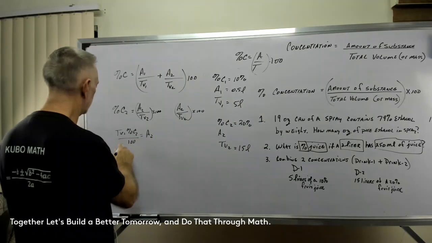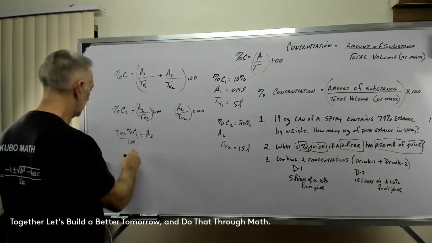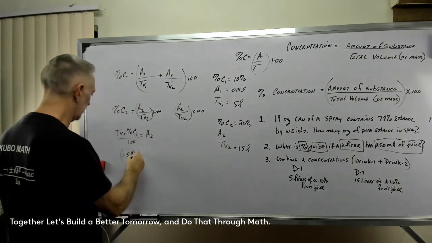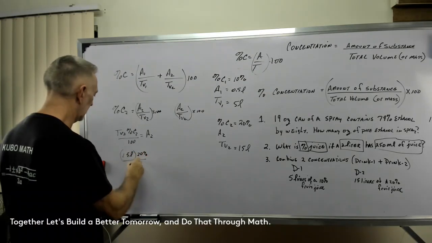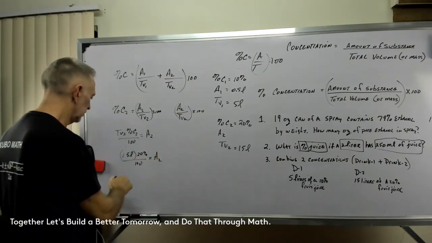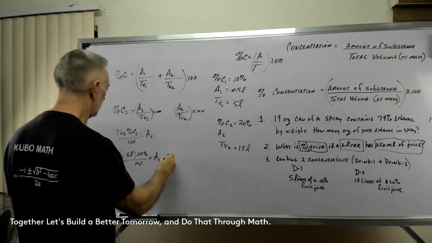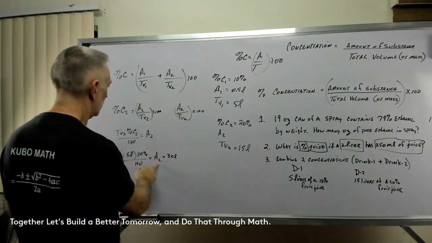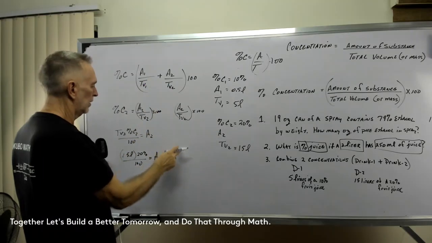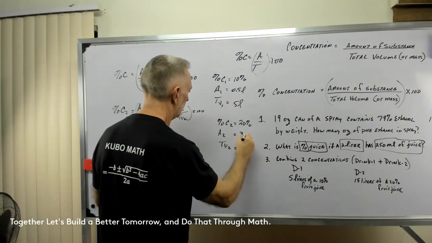So we had TV2, 15 liters, times percent C2, which was 20%, divided by 100, and that equals the amount in 2. So I had 0.2 times 15, so it gives me 3.0 liters of that. Now then, let's go back up here. A2, 3.0 liters.